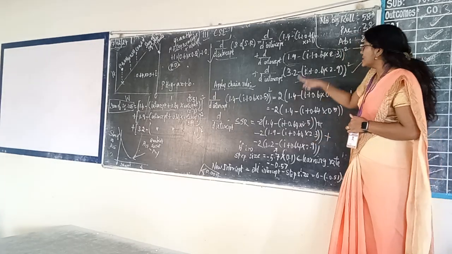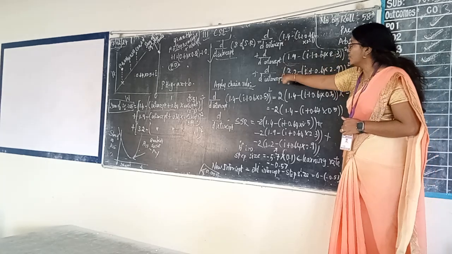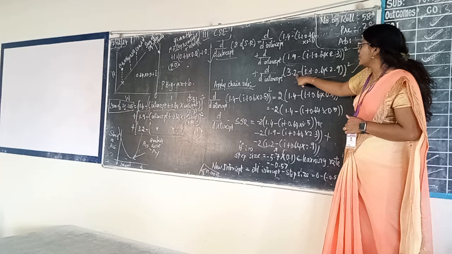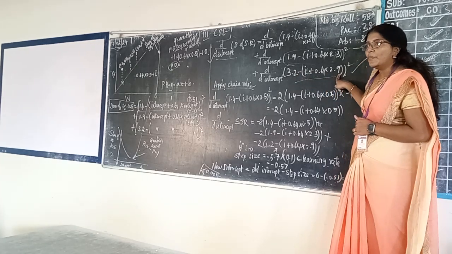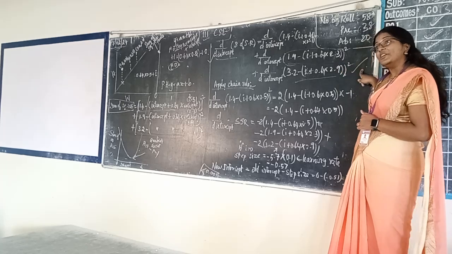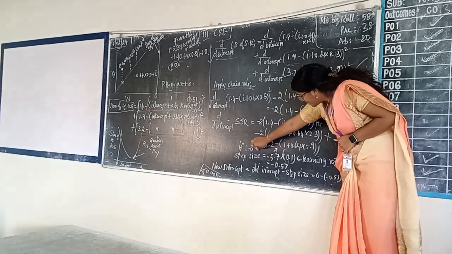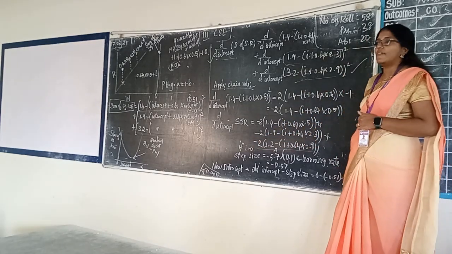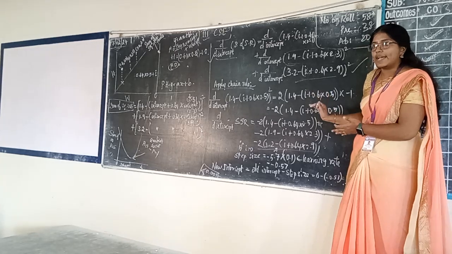For the third data point, again 2 into 3.2 minus (intercept plus 0.64 into 2.9), into minus 1. So this is what we are deriving, right?